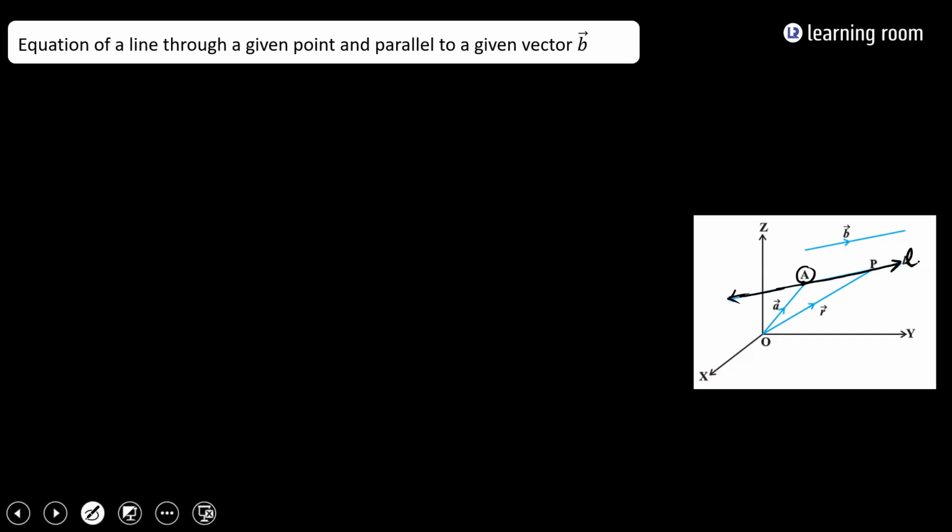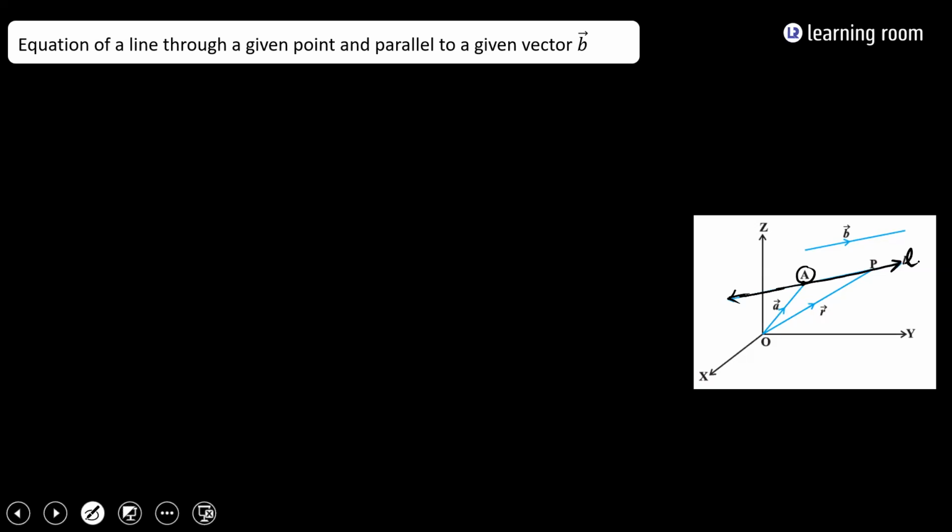Now, using these two pieces of information that we have, how are we going to frame the equation of this particular line L in terms of the given point and the given vector? For which we need to think in terms of vectors, right?